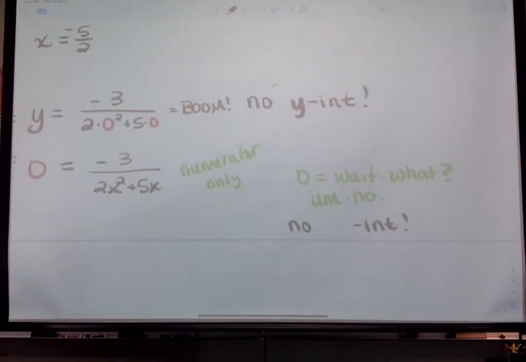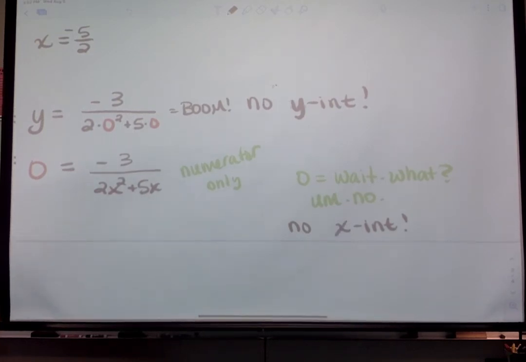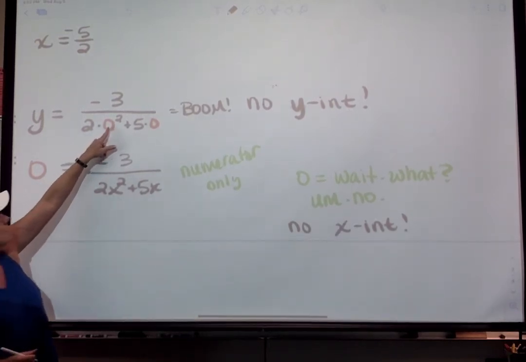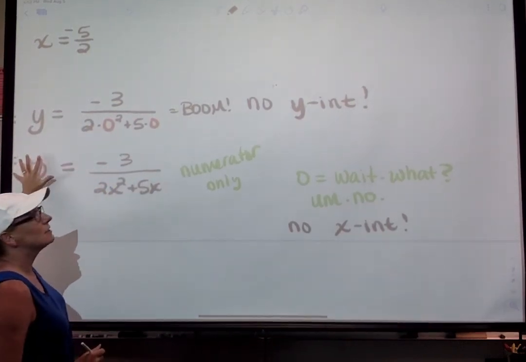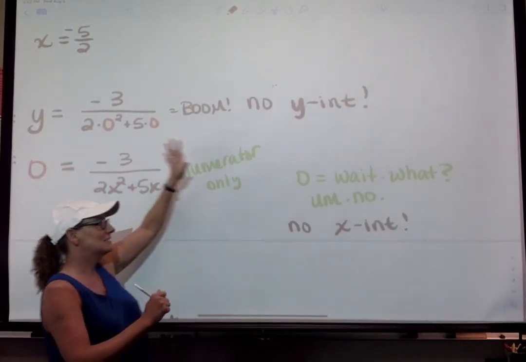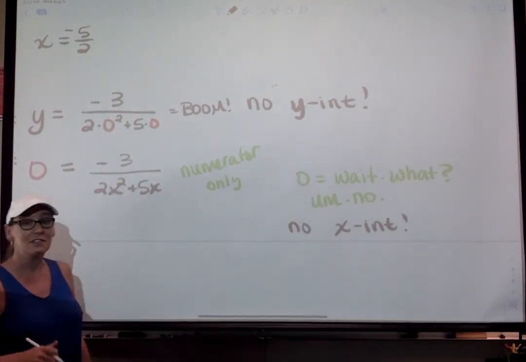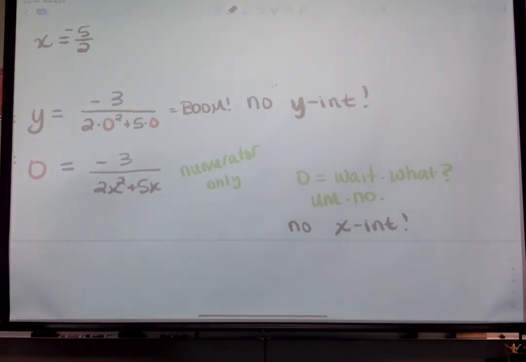So there's no x-intercept. I tried plugging 0 in for x to get y. There wasn't one. I tried plugging 0 in for y to get my x-intercept. There wasn't one. This graph is not going to cross either axis.